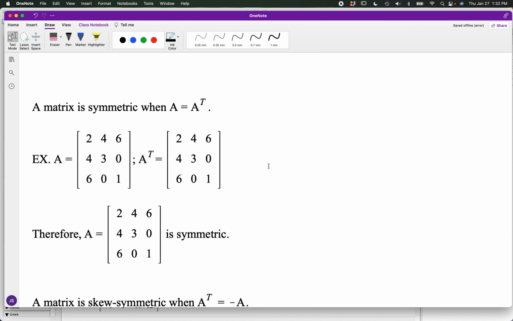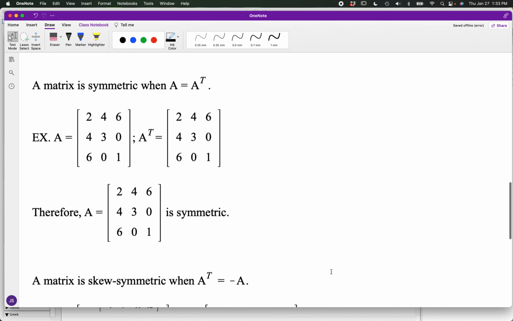As an example, we have A consisting of row by row 2, 4, 6, 4, 3, 0, 6, 0, 1. Converting the row values into column values, you get 2, 4, 6, 4, 3, 0, 6, 0, 1. And so we have an identity between the matrix and its transpose.